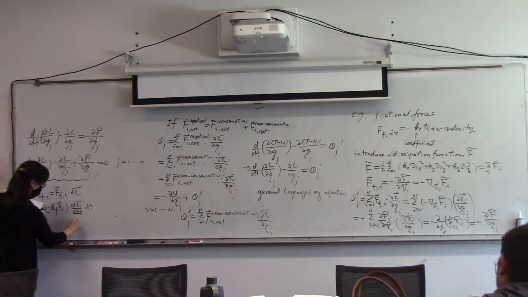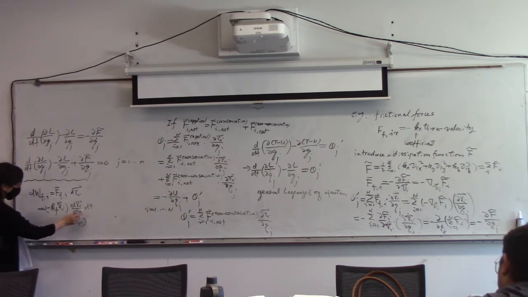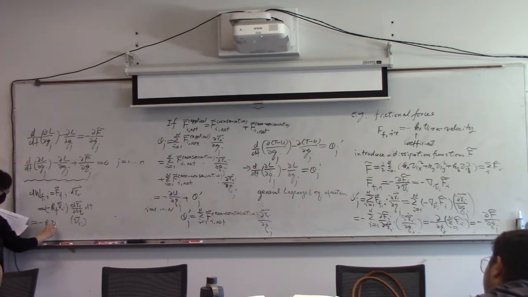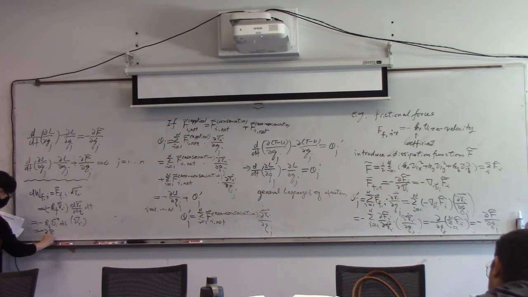So this one is again vi. So you can see that is negative of k vi squared dt, which is negative twice the dissipation function of the i-th particle times dt.